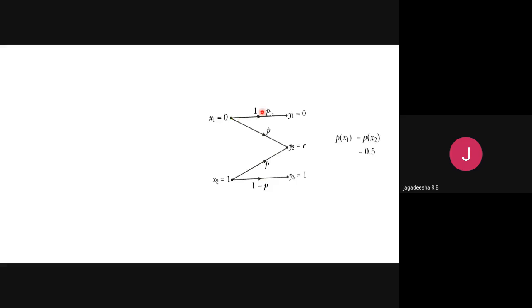So the problem scenario is something like this. We have binary inputs and three outputs here. One is 0, another represents 1, and the other represents the error. So when x1, which is 0, is transmitted, it is received at the receiver point y2 with the probability of p, or it is received without any error with a probability of 1 minus p at the point y1.